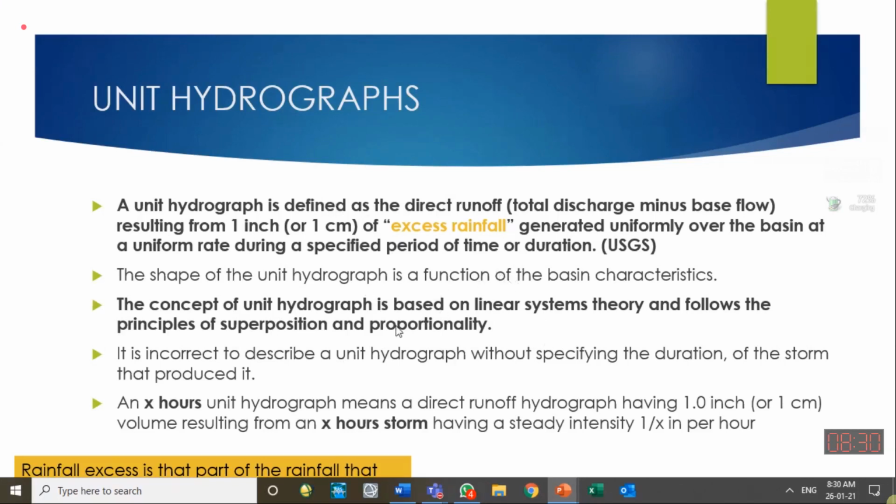The unit hydrograph, as you were informed last time, is a very important thing in hydrology. A unit hydrograph, or any hydrograph, is a representation of the behavior of the watershed.